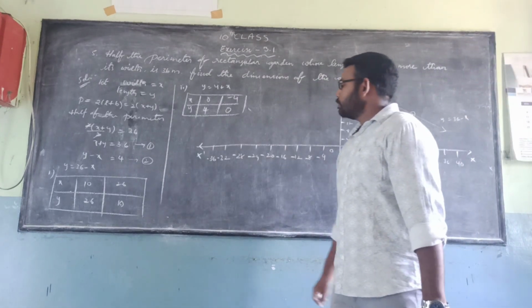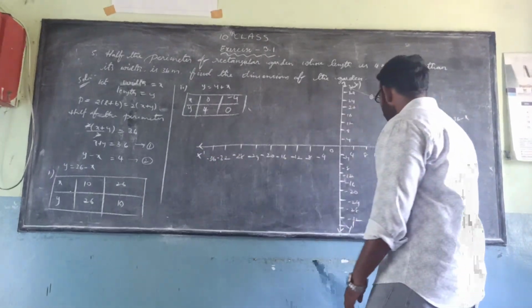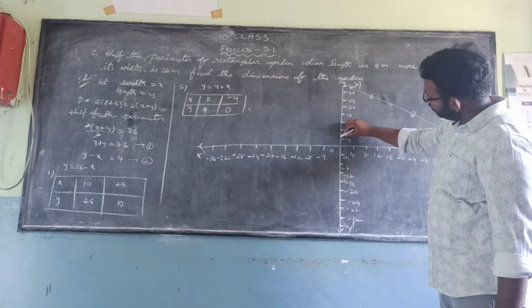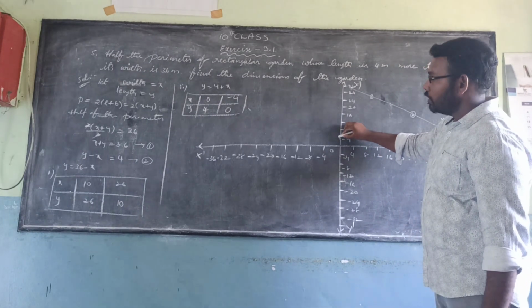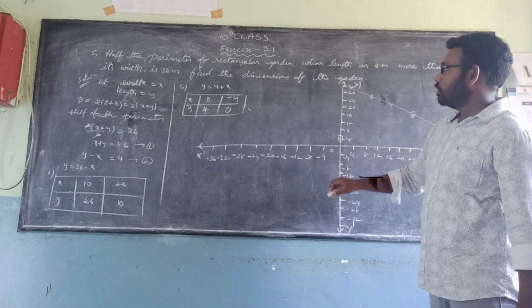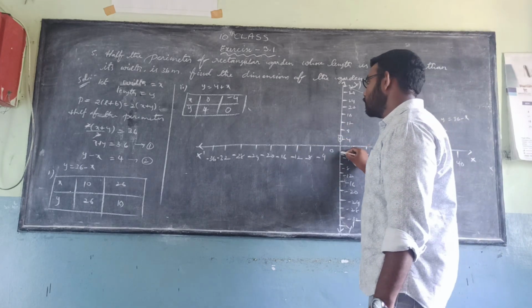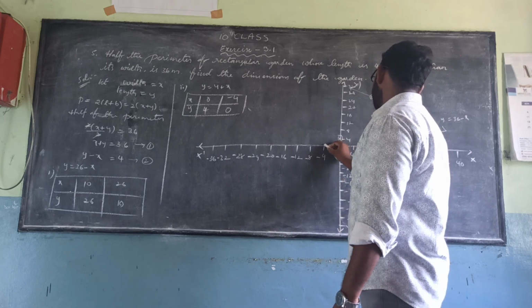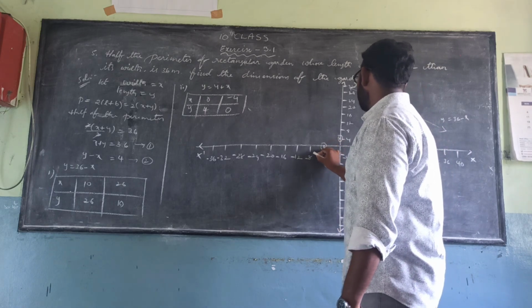Now for the second equation, if x is equal to 0, y is equal to 4. If x is equal to minus 4, y is equal to 0. This is a point.